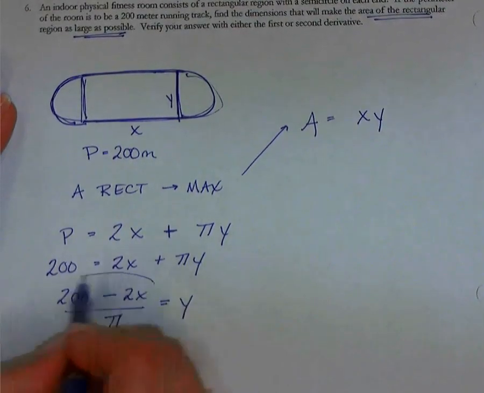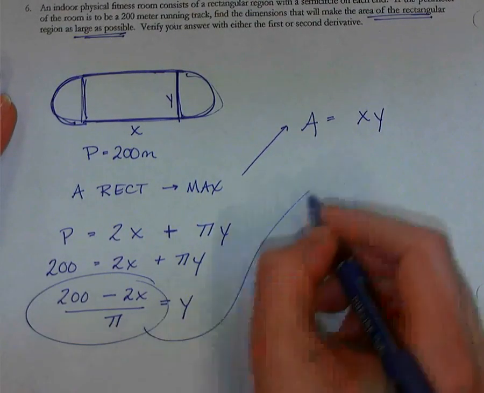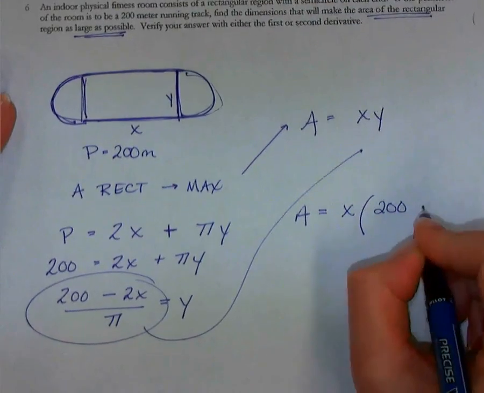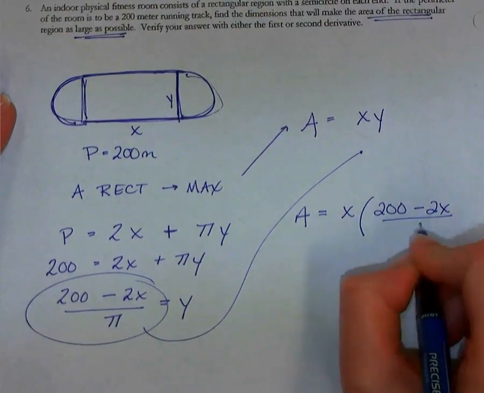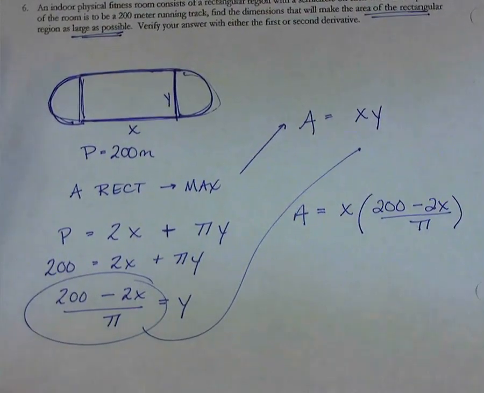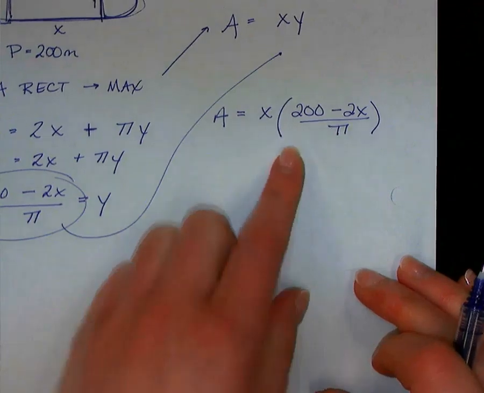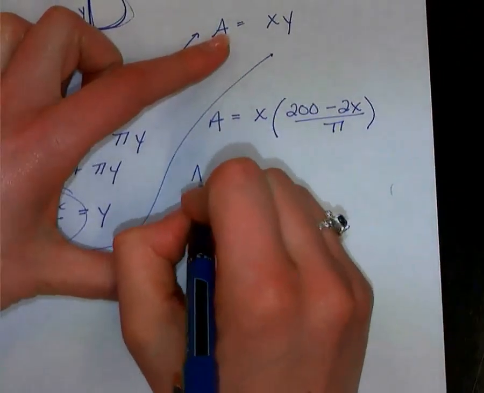Now we can take that value right there and substitute it into my formula. Area is equal to x times (200 minus 2x) over pi. Now, since I'm trying to maximize the area of the rectangle, I'm going to want to take a derivative of this formula. Let's simplify as much as possible.